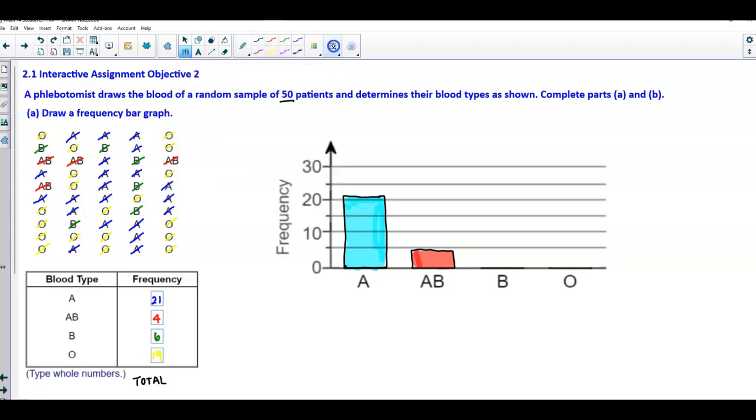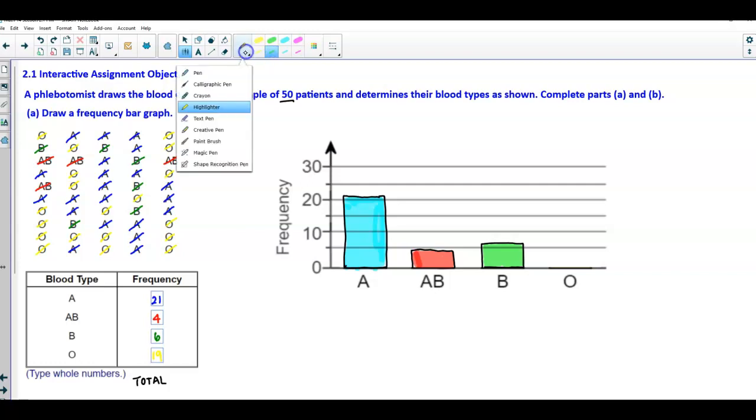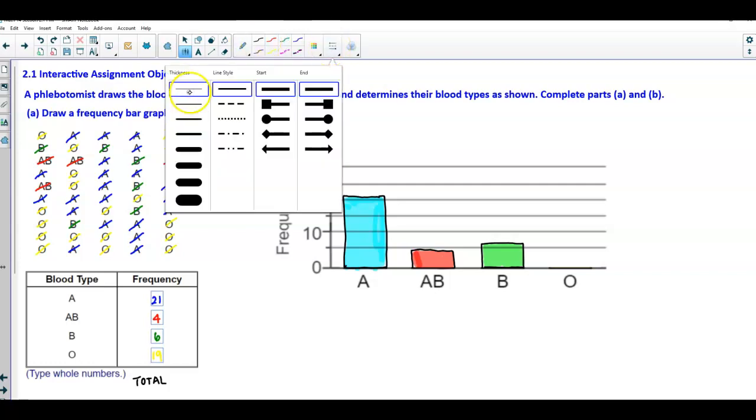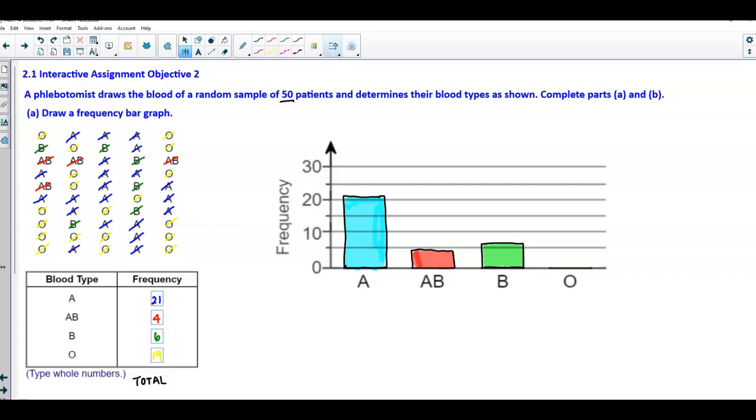The next one we have is 6 for blood type B, so it's right above the 5. And so therefore there is the bar for blood type B. And then the last one we have is blood type O, which is 19.